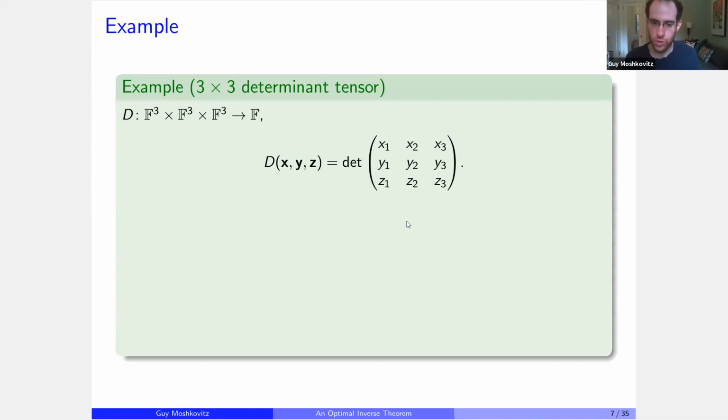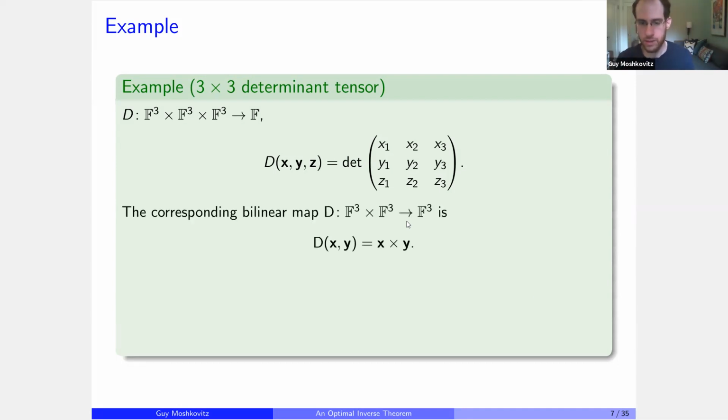Now, if you want to talk about its analytic rank, then if you remember the previous slide, you should slice it along one of the axes. You should think of this 3-tensor as a polynomial map, a bilinear map. If you slice along the z variables, it's not hard to see that the corresponding bilinear map is just the cross product of the 2 vectors x and y.